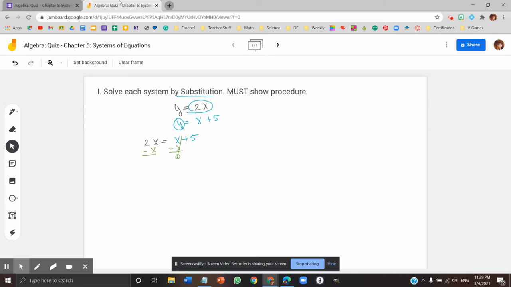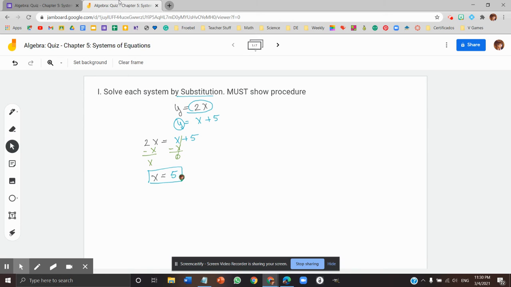And 2x minus x, if I have two x's and I take away 1, I am left with just 1x. So on my left side, I have just the x. And on my right side, I'm left with the 5.